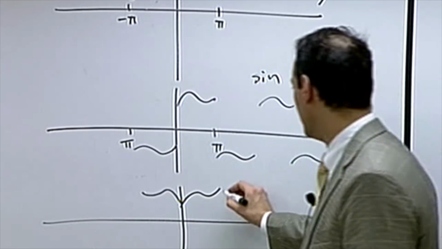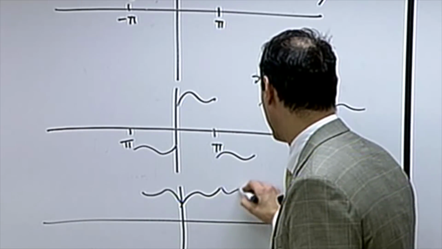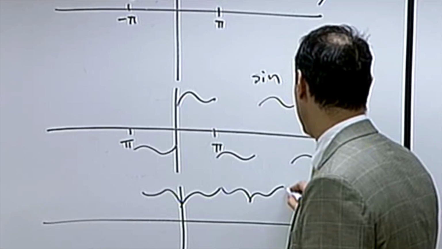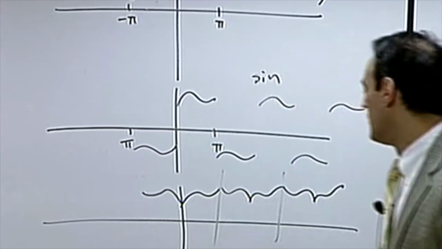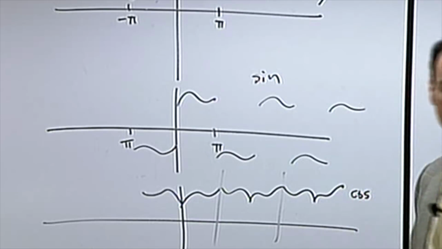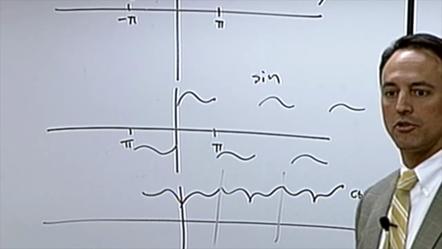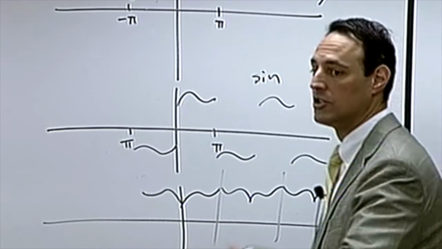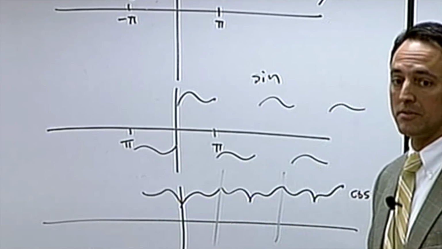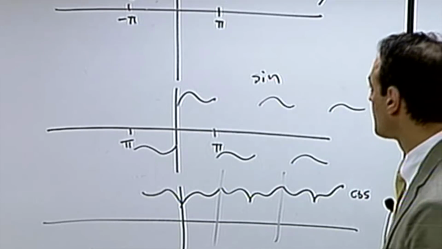Okay, and then I should have picked something easier to draw. Yeah, something like that. And that would be cosine expansion. And there's some reasons why you might want to use sines or cosines in doing expansions. Okay? So you're not necessarily constrained to just being 2 pi periodic domains. Okay?